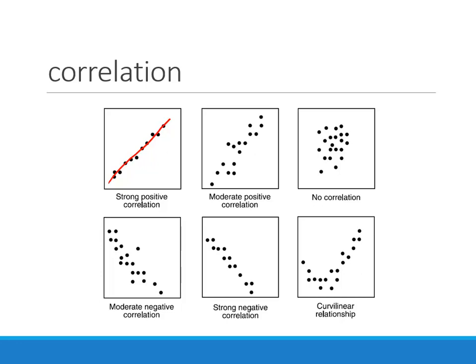And this is a good time to point out that if the correlation is 0, that doesn't mean there is no relationship between the variables, right? A correlation of 0 means that there's no linear relationship between the data. In that lower right pattern here, there is a very strong curved trend, right?